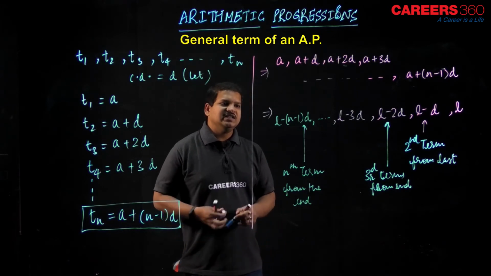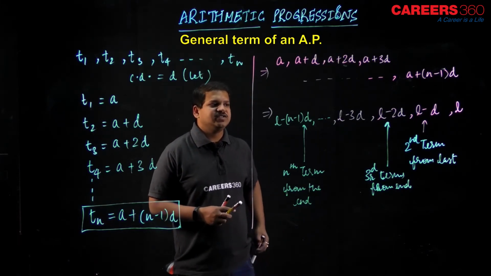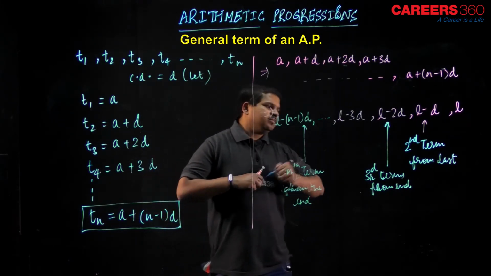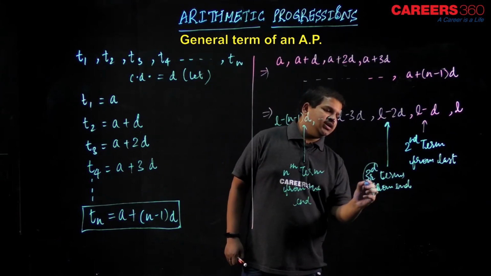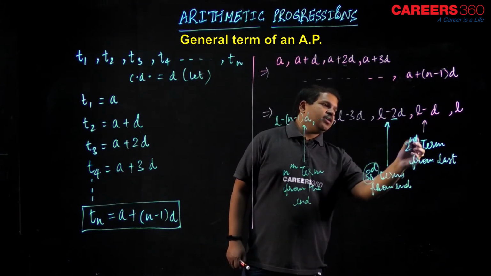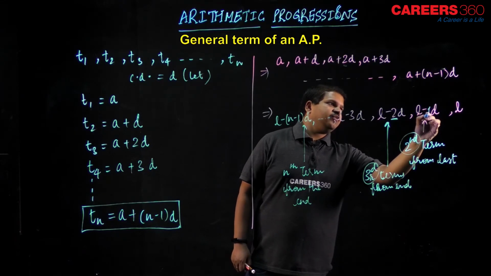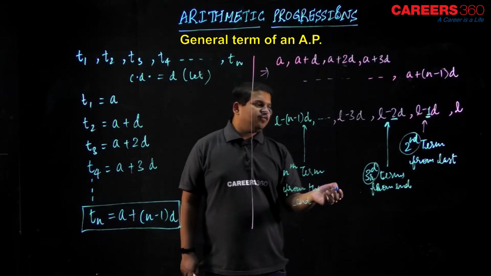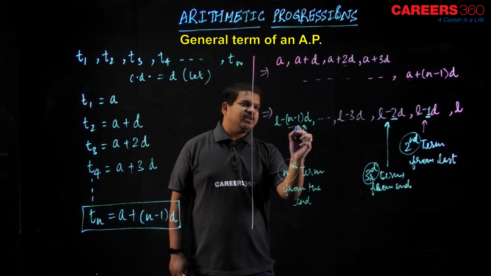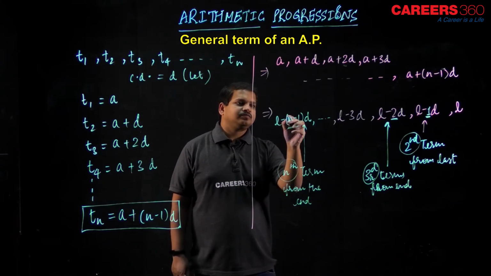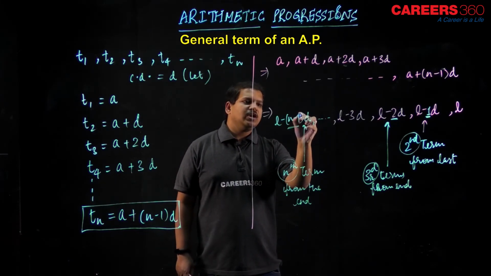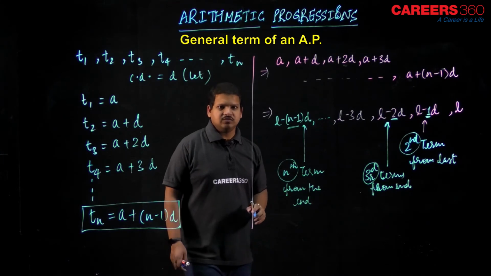What I have done is L minus n minus 1 into D. So when the third term was there, I have written 2. When the second term was there, I have written 1. And when the nth term is there, I have written n minus 1. So this is purely an observational derivation, right?